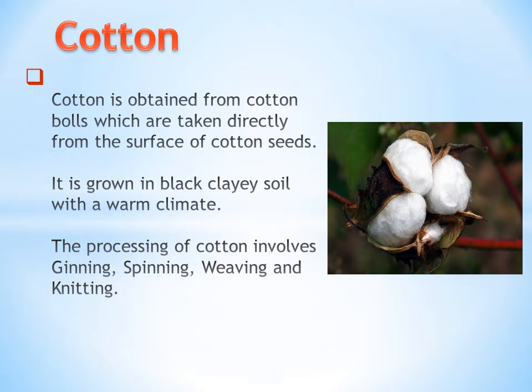Cotton is one of the natural fibers. It is obtained from the cotton bolls, which are taken directly from the surface of the cotton seeds. This cotton plant grows usually in the black clayey soil in a warm climate, and the processing of cotton involves ginning, spinning, weaving and knitting.